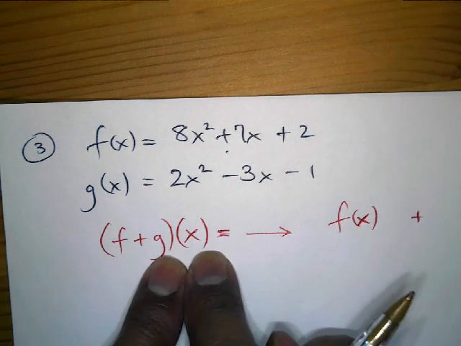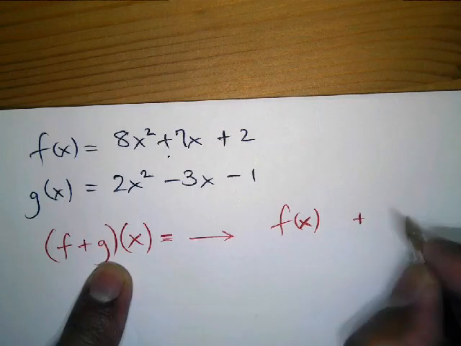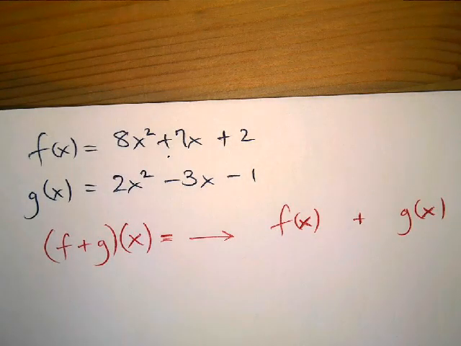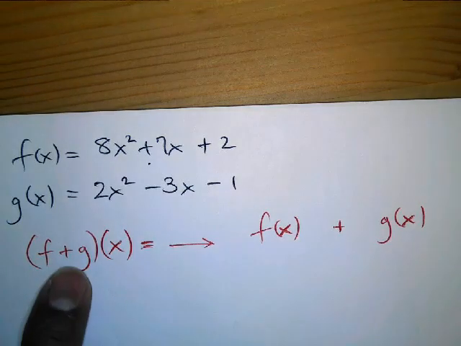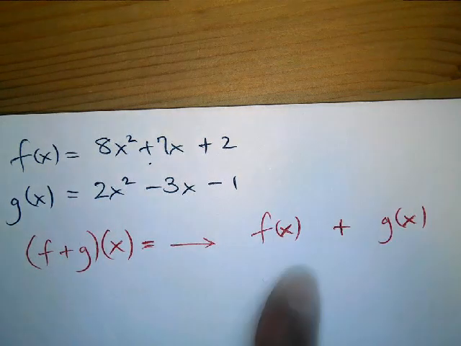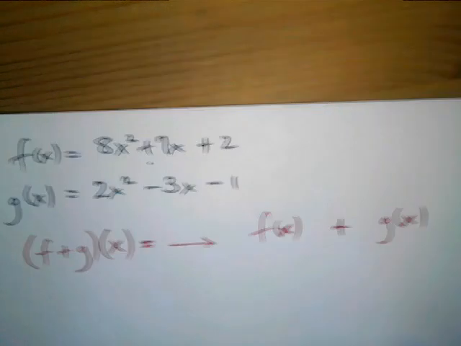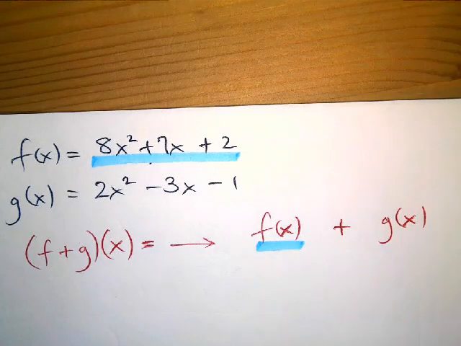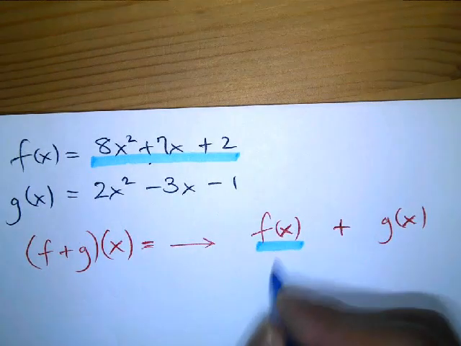This problem is really saying what? F of x plus g of x. All right? That's what it's saying. This notation, you got to know that it really means this. Okay, that's not too bad, right? And then now we get f of x. What is f of x here? F of x is what?